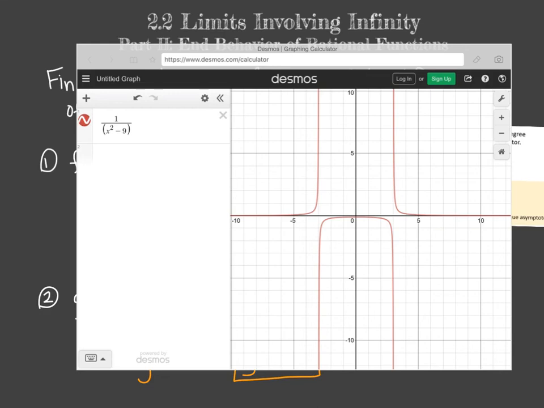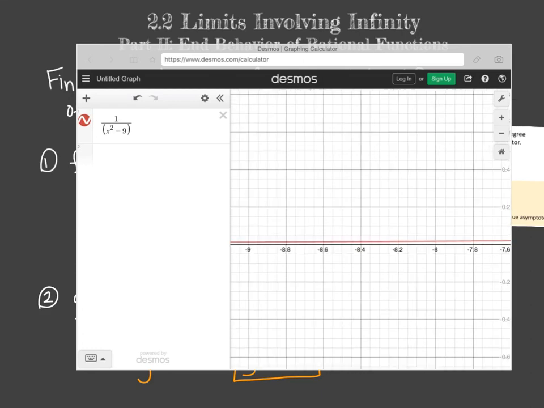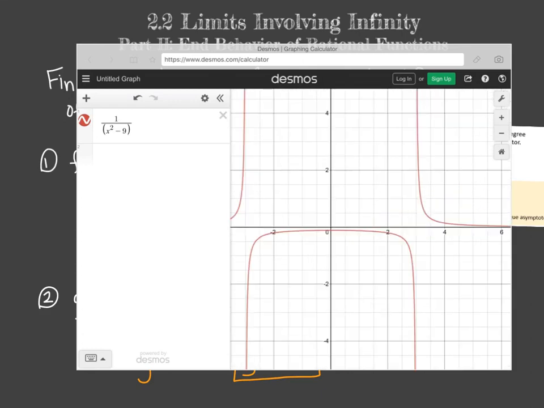So y equals 0 is our horizontal asymptote, and we can zoom really far and see it never touches y equals 0. It approaches it, and therefore that is our horizontal asymptote.